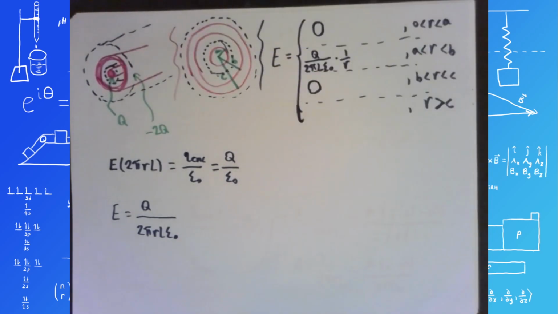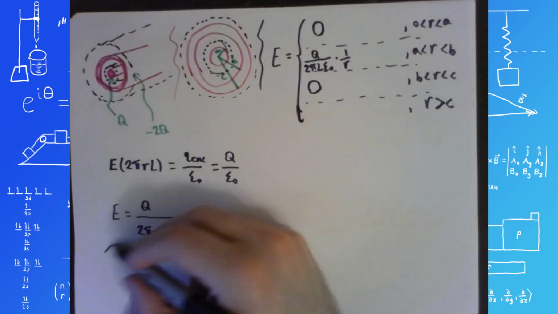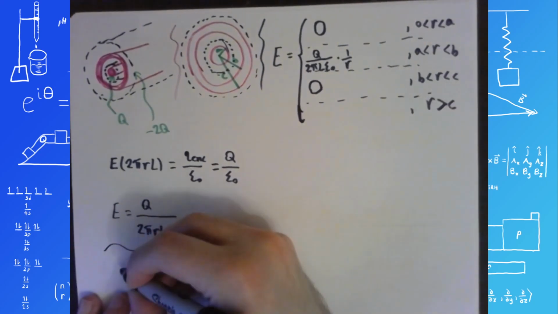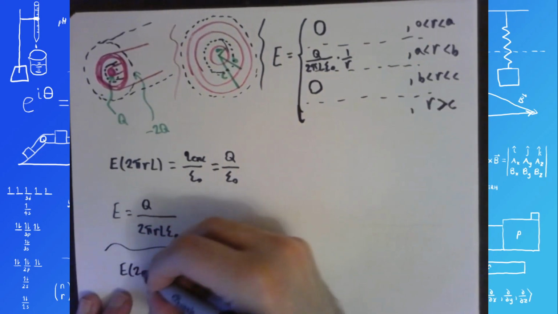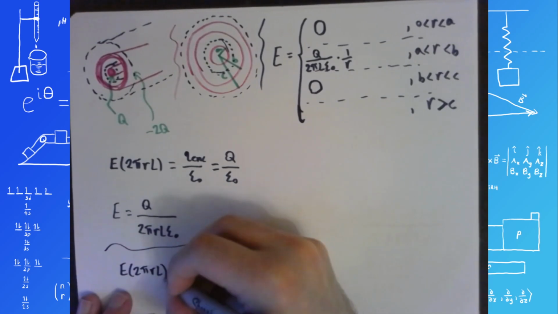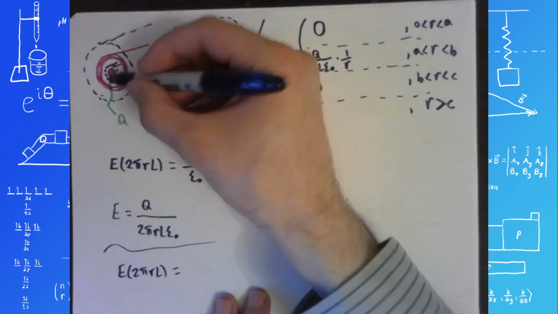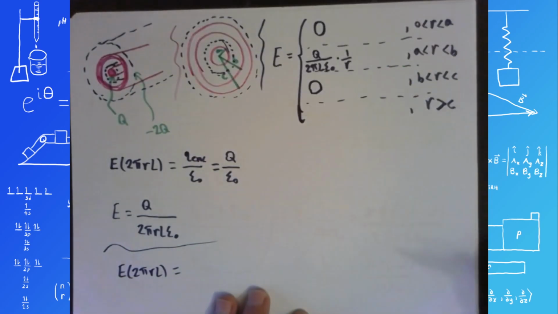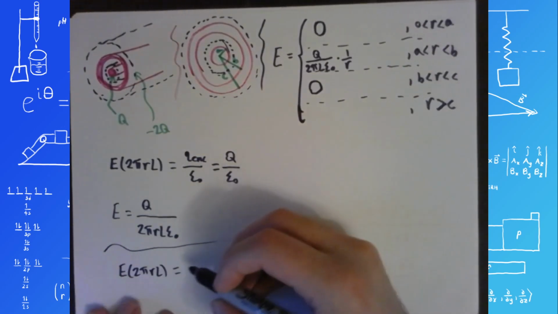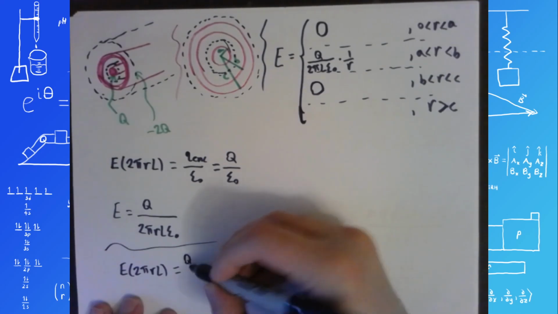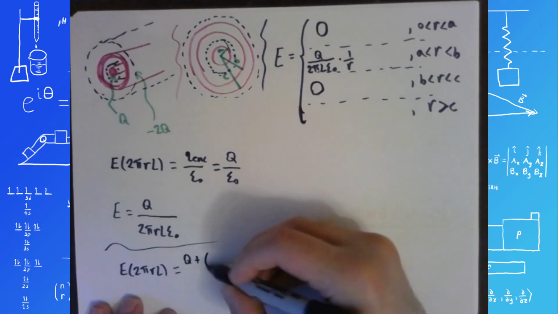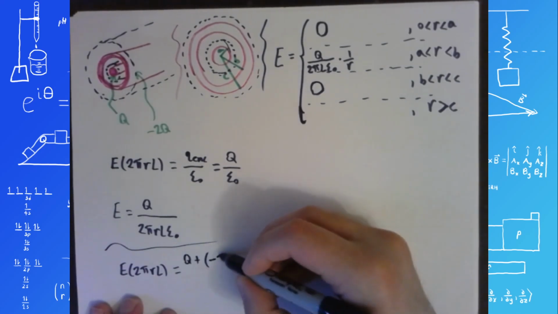it's going to be just as easy. So we would have, once again, E times 2 pi RL equals, this time the charge enclosed is the total charge of the inner cylinder plus the total charge of the outer cylinder, which is just going to be Q1 plus negative 2Q.